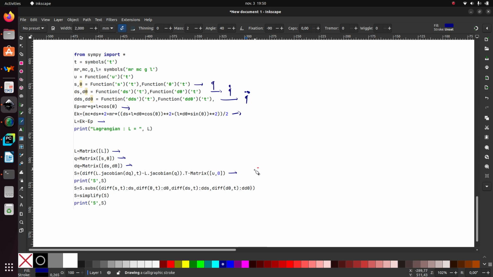So recall that when S equals 0, this corresponds to my Euler Lagrange equation. So I will print S, but we will see that the dependency between q dot dot and dq will appear. So I will make independent using the substitution here, as we will see. Then I will provide a simplification of the expression and print the function S.